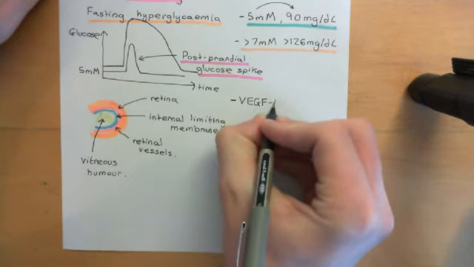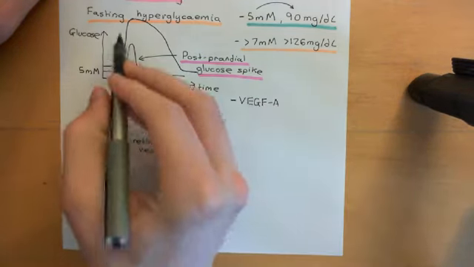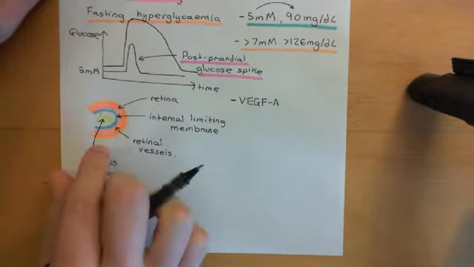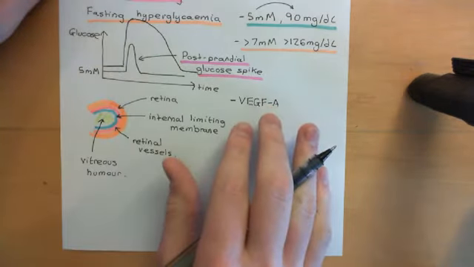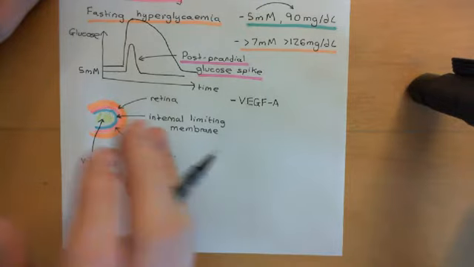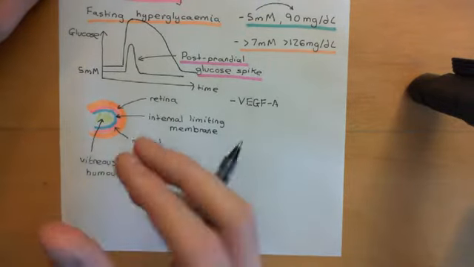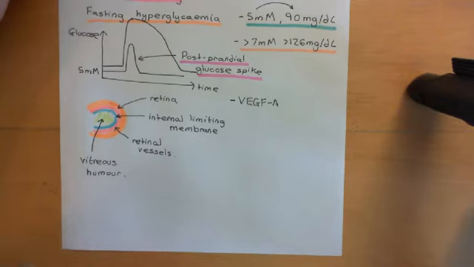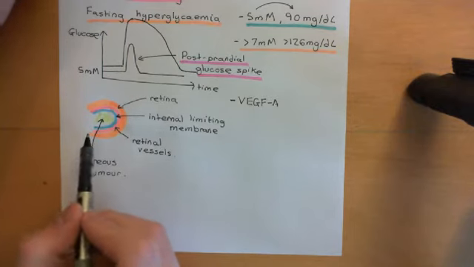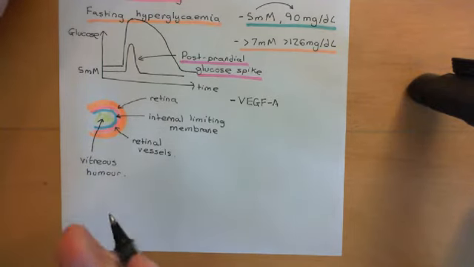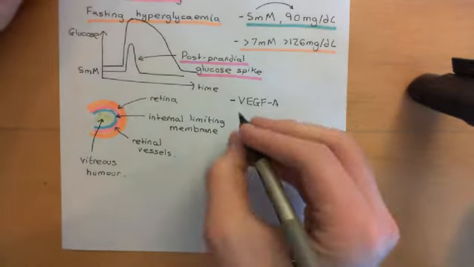Okay, so something about having this hyperglycemic state seems to trigger the production of vascular endothelial growth factor A all over the place in the retina and in the vitreous humor, etc. Okay, so you end up with lots of vascular endothelial growth factor A, and this is now going to affect the retinal vessels.